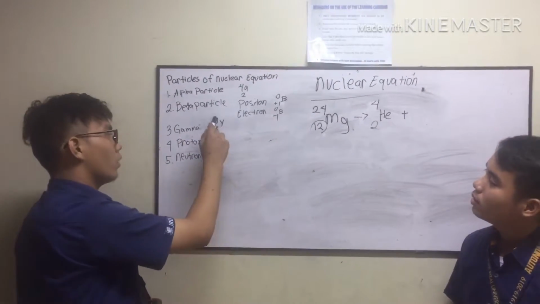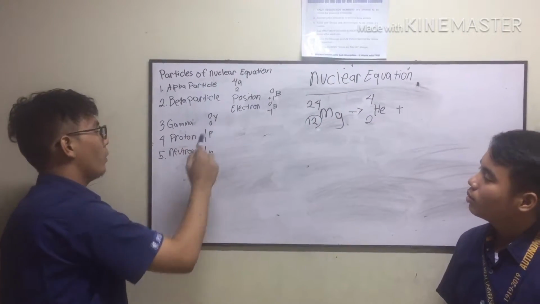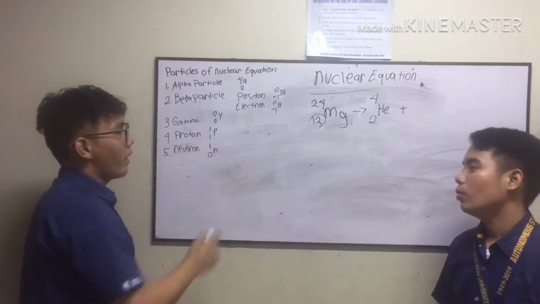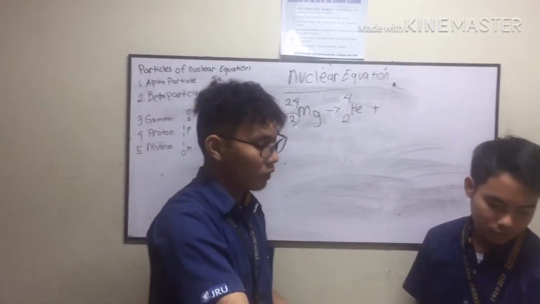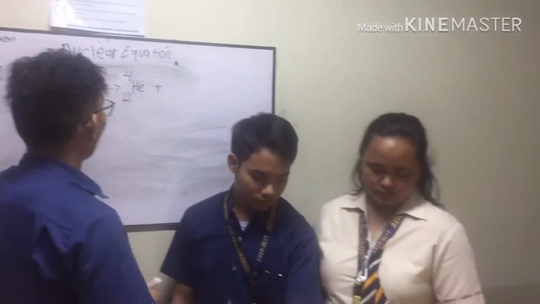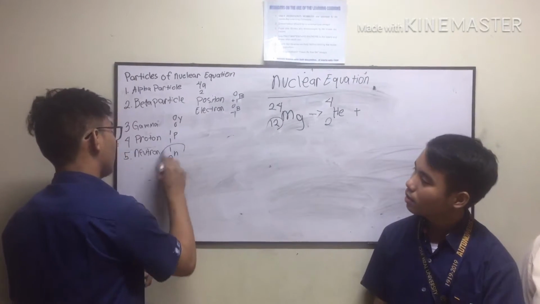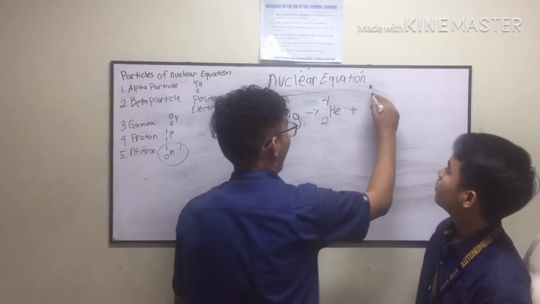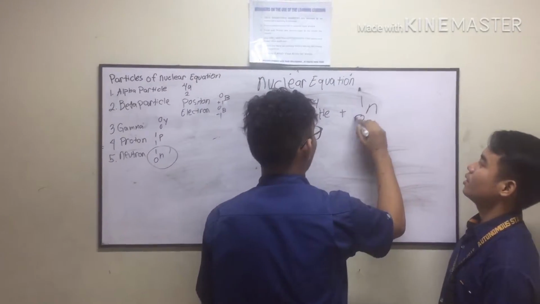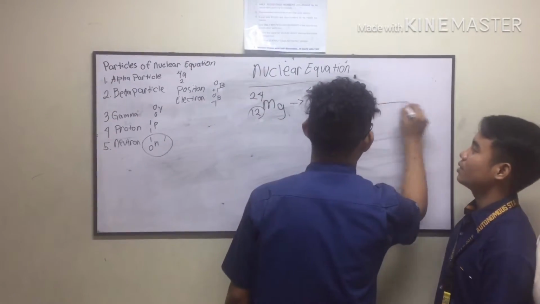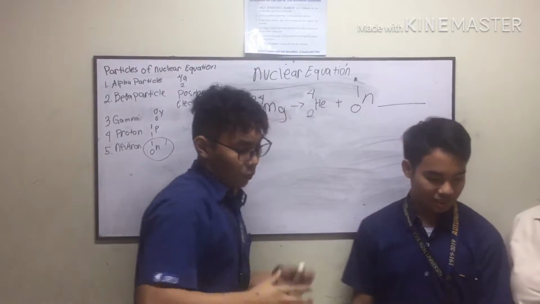Gamma particle is 0,0. Proton particle is 1,1, and neutron particle is 1,0. So this is the neutron particle, and this is your equation.